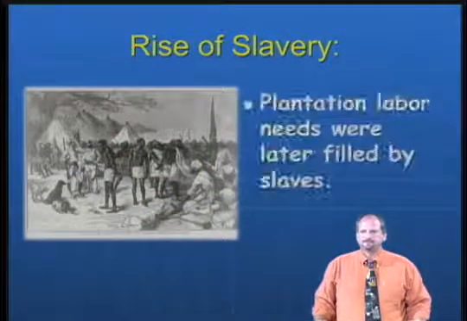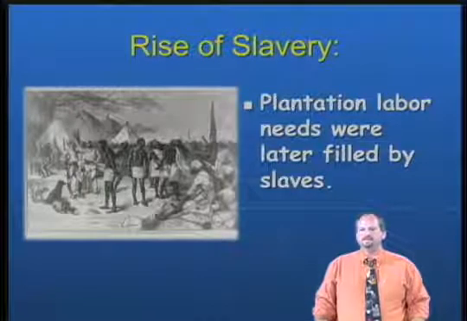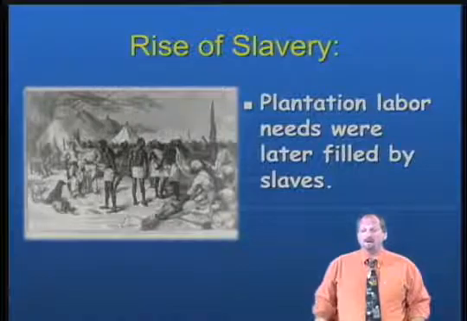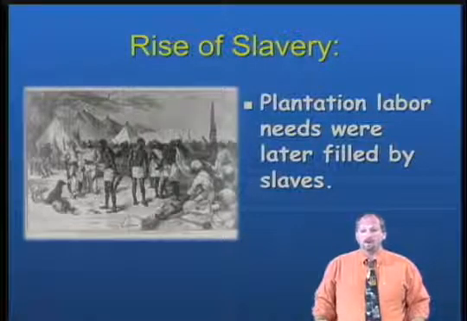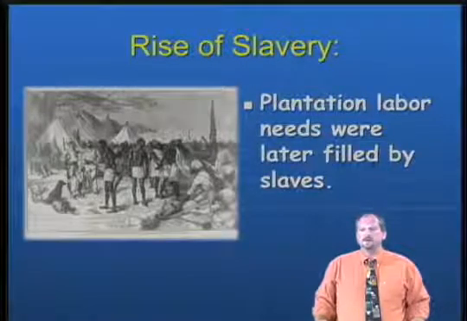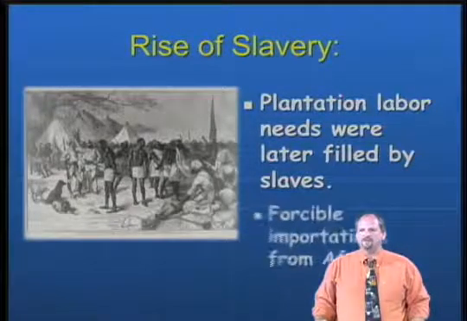However, the plantation labor needs later needed to be filled by slaves. The vast amount of labor required to run a tobacco, a sugar, an indigo, or a rice plantation could not be filled by the indentured servants. And the southern colonies turned to the African slave trade.